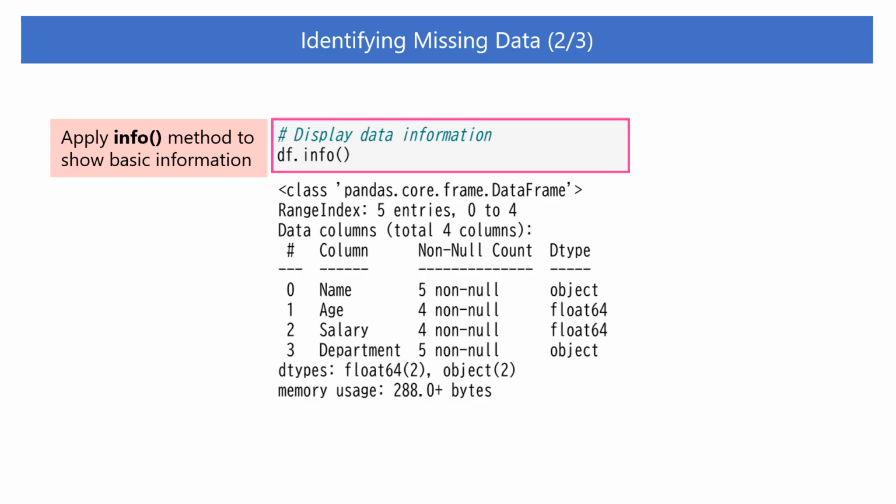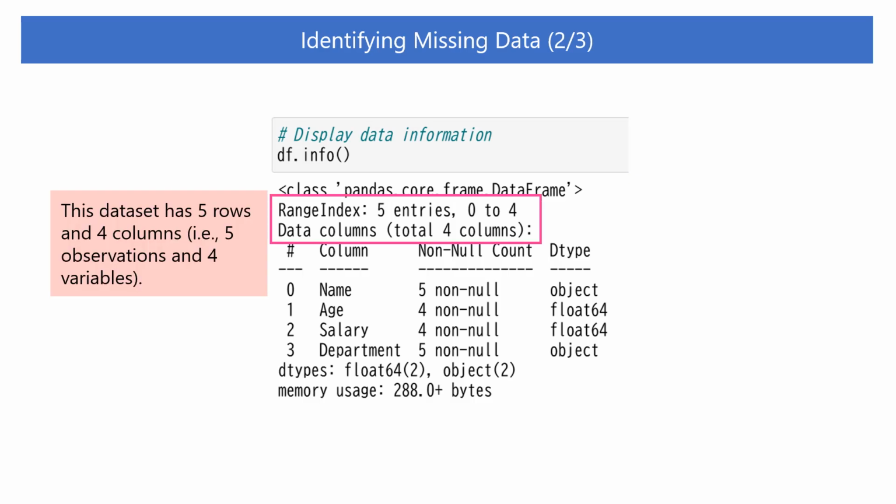After loading the dataset named df, let's apply the info method to display basic information about the dataset. The output of the info method indicates that this dataset has 5 rows and 4 columns. In other words, this dataset contains 5 observations and 4 variables.